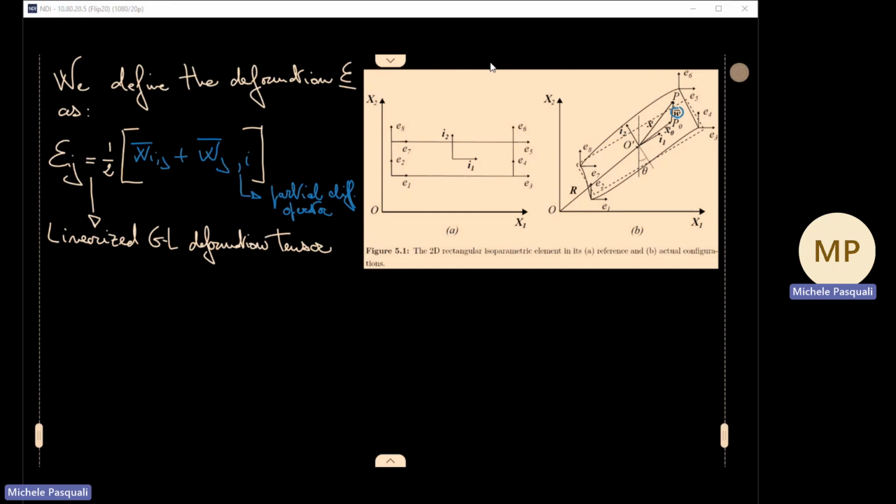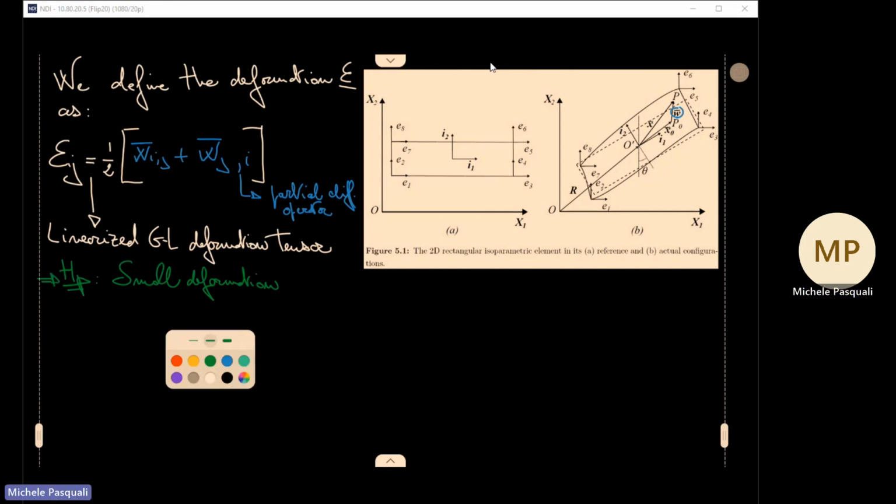So it means that we are in the hypothesis of small deformations, okay?